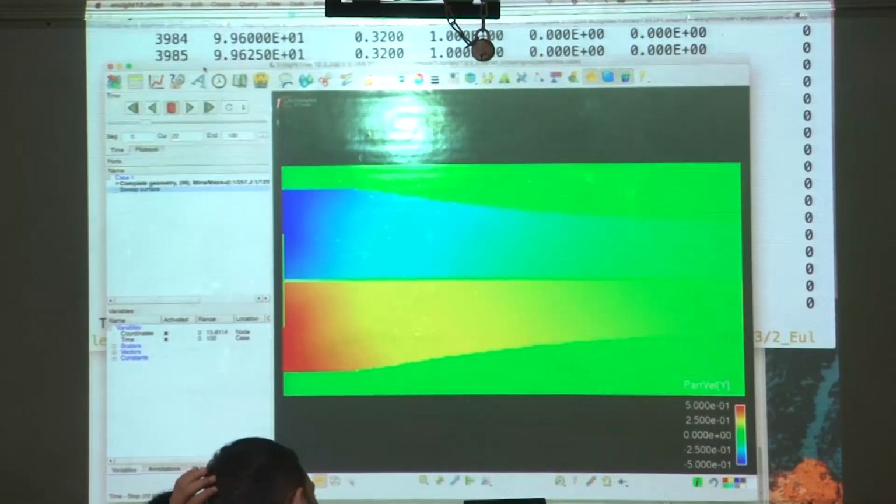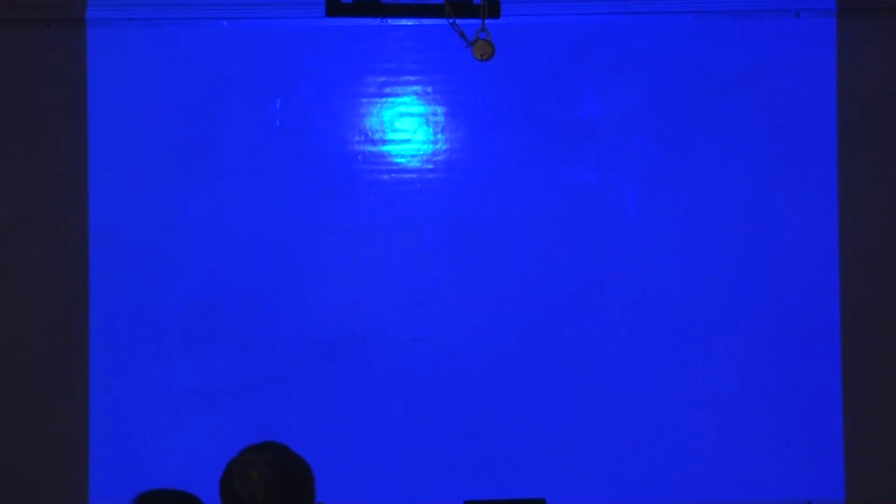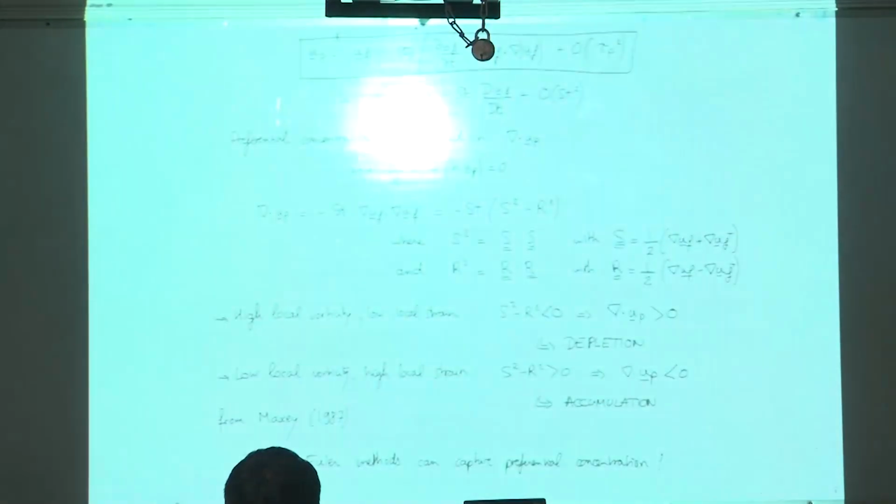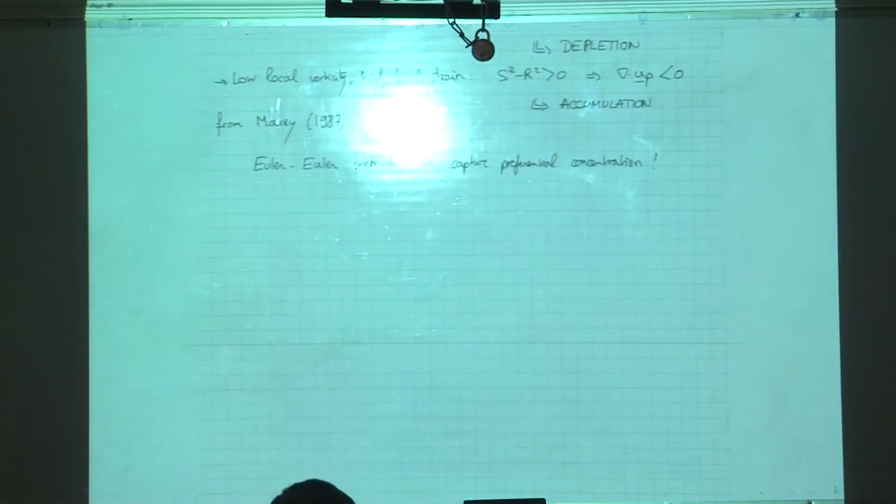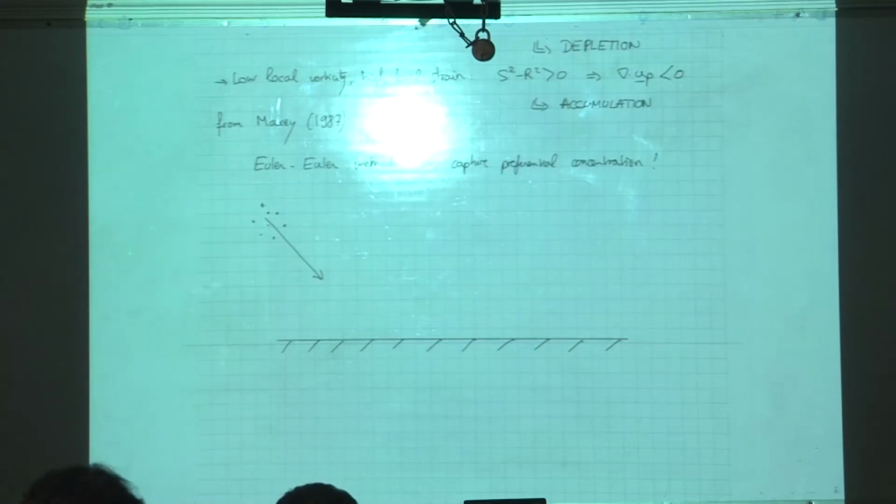But consider the following case. So if you consider the following problem of a flat wall and particles being thrown onto that flat wall, okay?